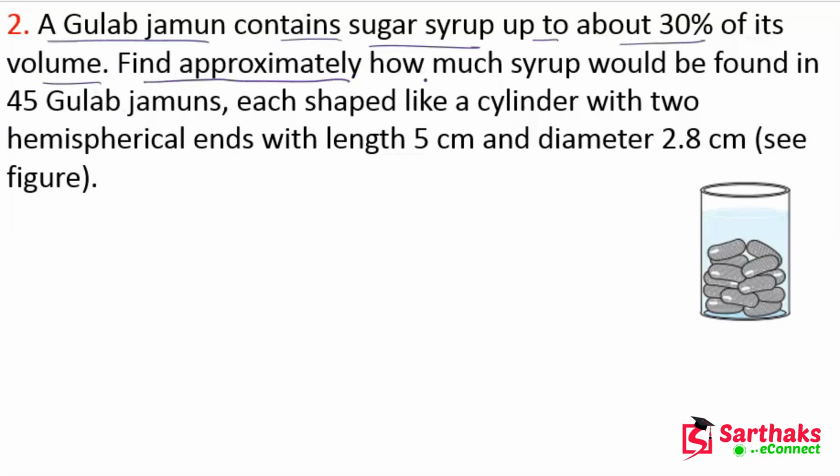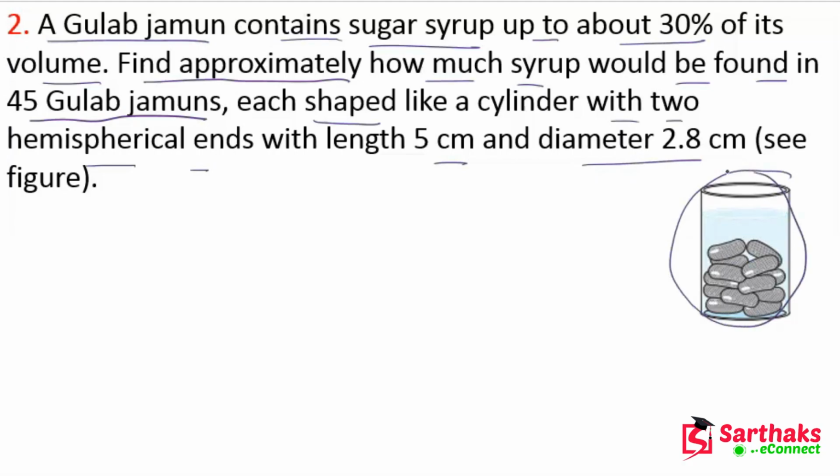Find approximately how much syrup would be found in 45 gulab jamuns, each shaped like a cylinder with two hemispherical ends, with length 5 centimeter and diameter 2.8 centimeter. So according to the question, we have to find the volume of the syrup of the 45 gulab jamun.